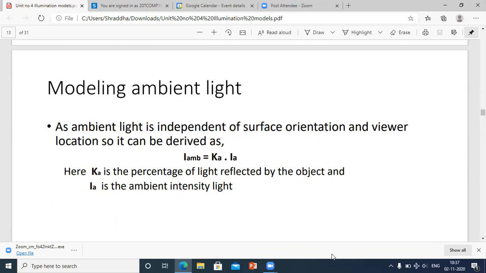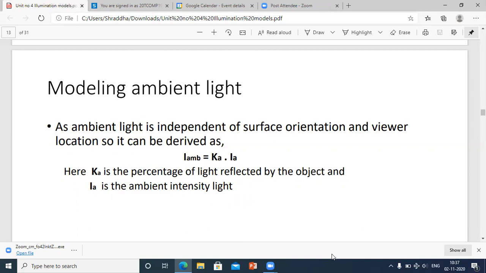As ambient light is independent of the surface orientation and viewer location, it can be derived simply. A very important point: ambient light is independent of the surface. No matter whether the surface is soft, grainy, or rough, whatever the surface may be, the ambient or background light is independent of that surface.